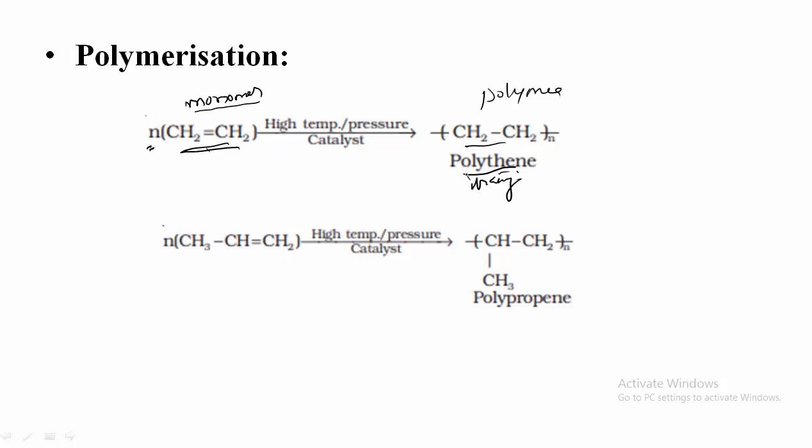Similarly, if we join propene, propene is a monomer, and we will get polypropene. In polypropene the monomer is propene, and in polyethene the monomer is ethene, and this kind of reaction is said to be polymerization.